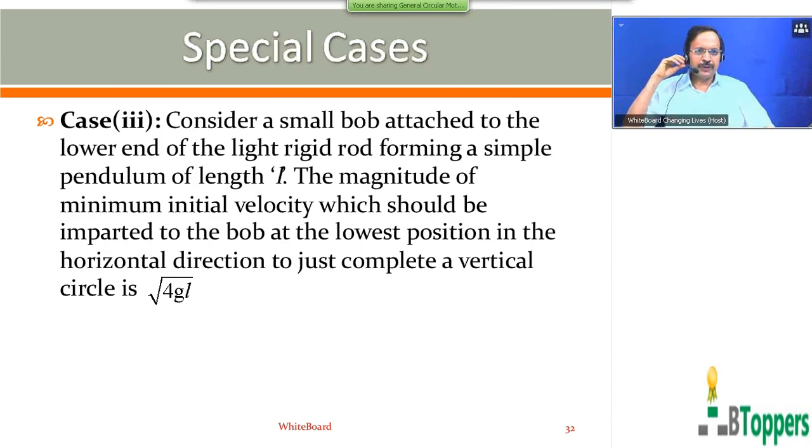So next I am going to discuss one more special case, case 3. A bit different from the earlier discussion, motion in a vertical circle. Earlier I discussed the motion of the bob of a simple pendulum suspended by a string.